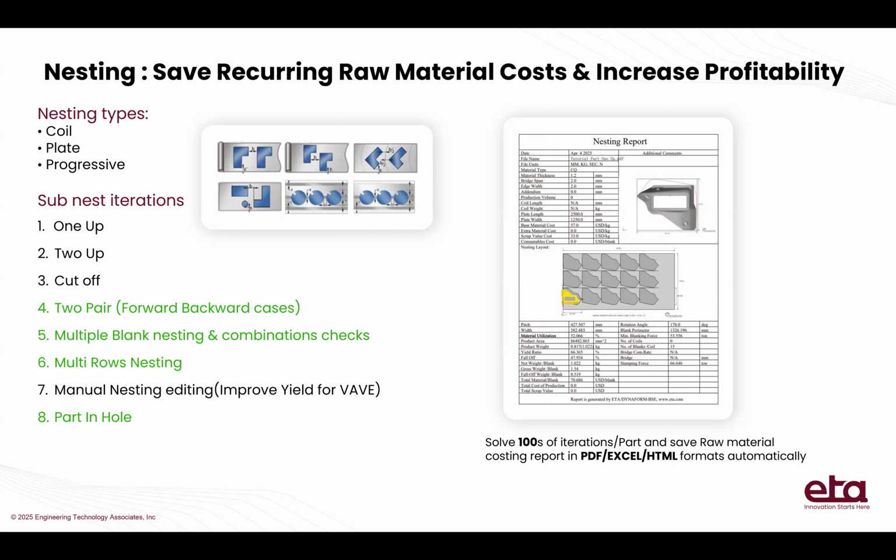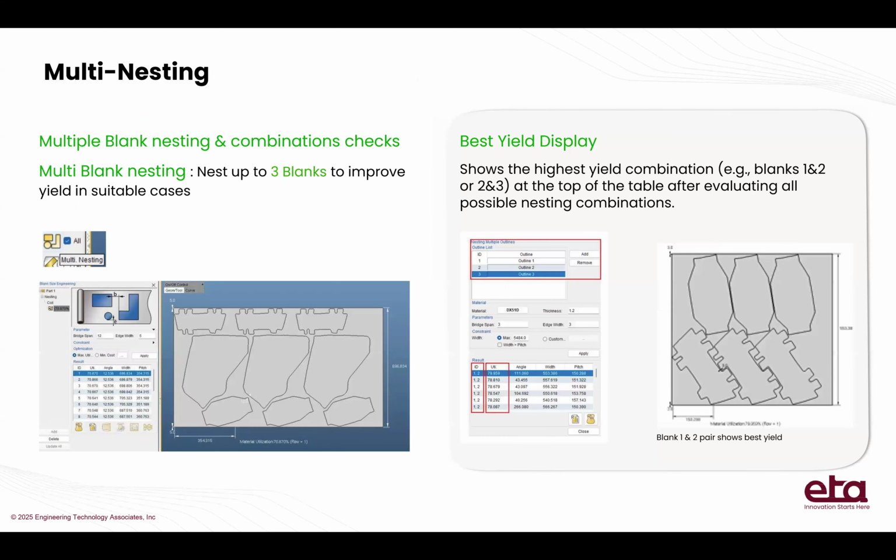Multi-row and parting hole features really boost the yield by using scrap cutout to produce smaller parts. The system automatically evaluates and displays the highest yield combination. The report can be generated with one click. It's also a big plus for saving time.